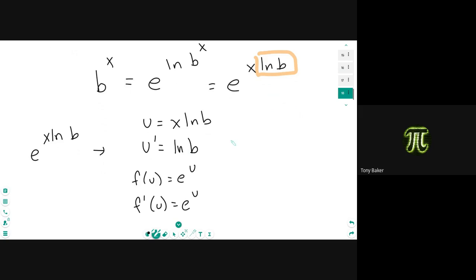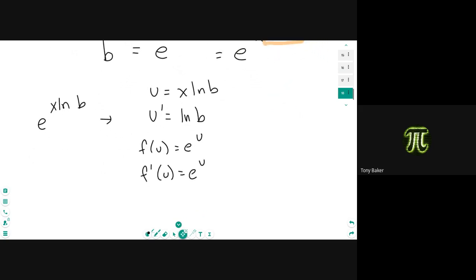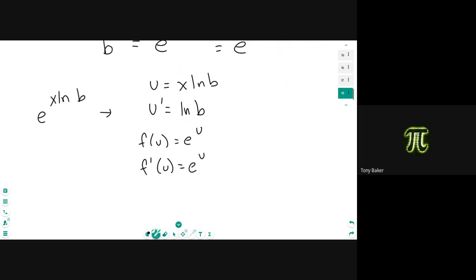So the derivative of e to the x ln of b becomes ln of b times e to the x ln of b. Correct? Okay. What did we say this was at the beginning?